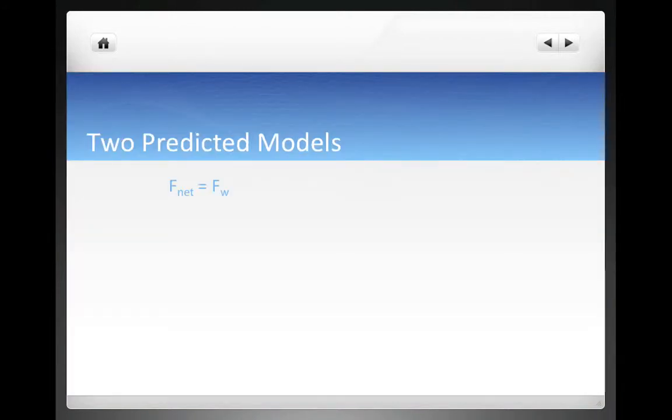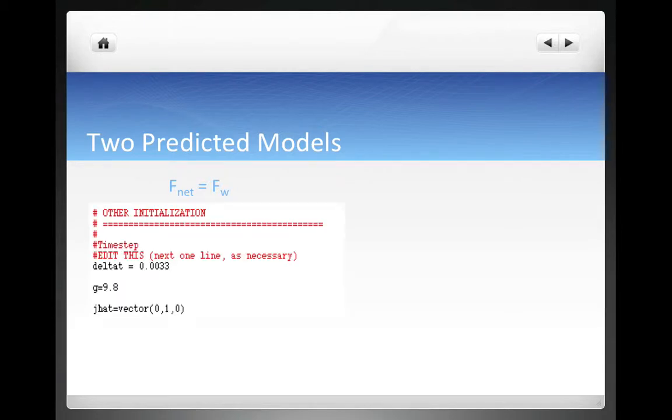Here for the two predicted models, the first being the weight force is equal to the net force, we have a delta t of 0.003, which is a small time step compared to the total time of 0.6 seconds. We have a gravity force of 9.8 and a j-hat vector of 1 in the y direction to tell which direction the ball is moving.